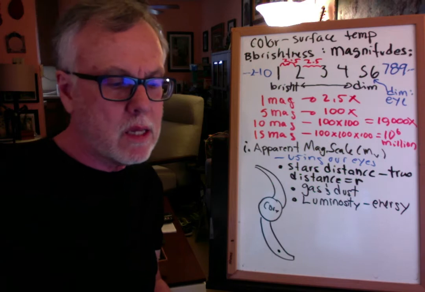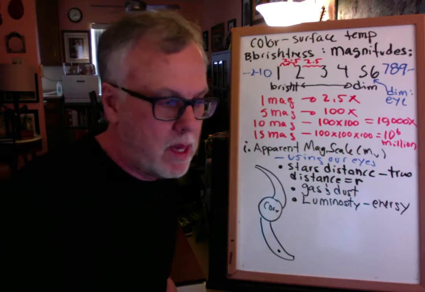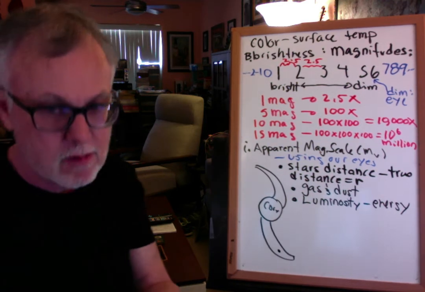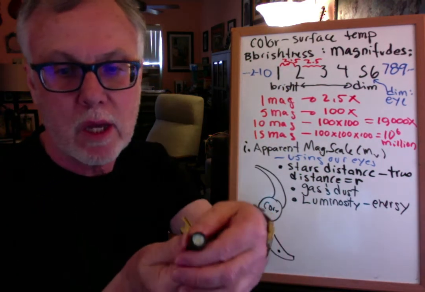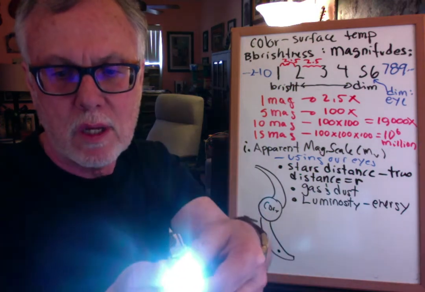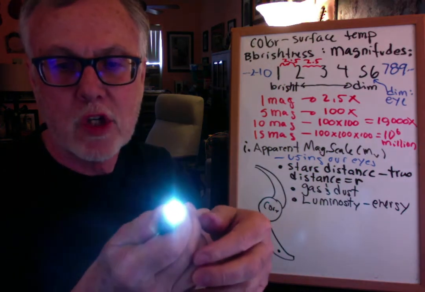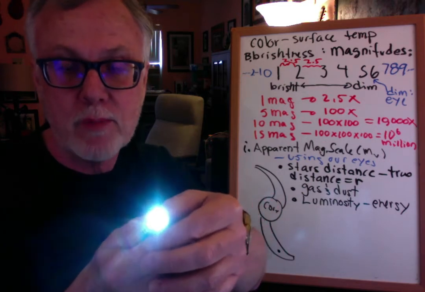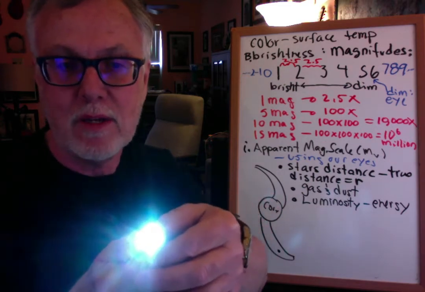And then finally, guys, imagine this. Let's see, I always have something on me that I can bring in here. Here's a little flashlight. So imagine, you look at this flashlight, it's pretty bright. If I put it in your eyes, you'd probably say, get back, buddy. Leave me alone.